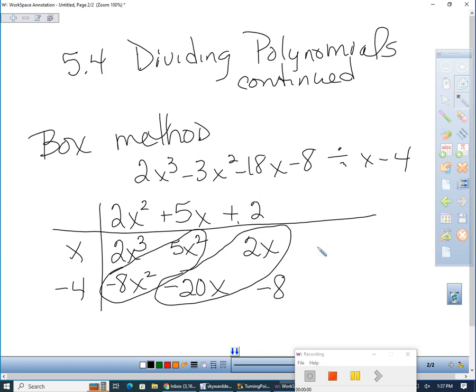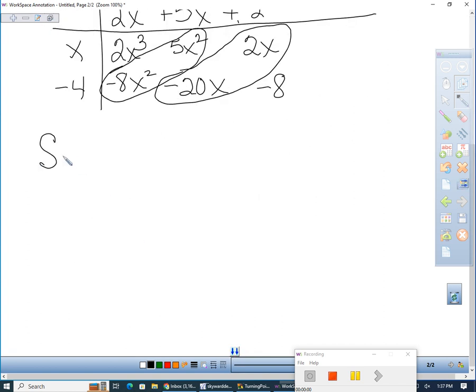What I really want to talk about is the method that I think you're all going to use whenever you possibly can. It's called synthetic. Synthetic means that it replicates division, but it's not really dividing, right? Just like synthetic oil. It replicates oil, but it's not really oil.